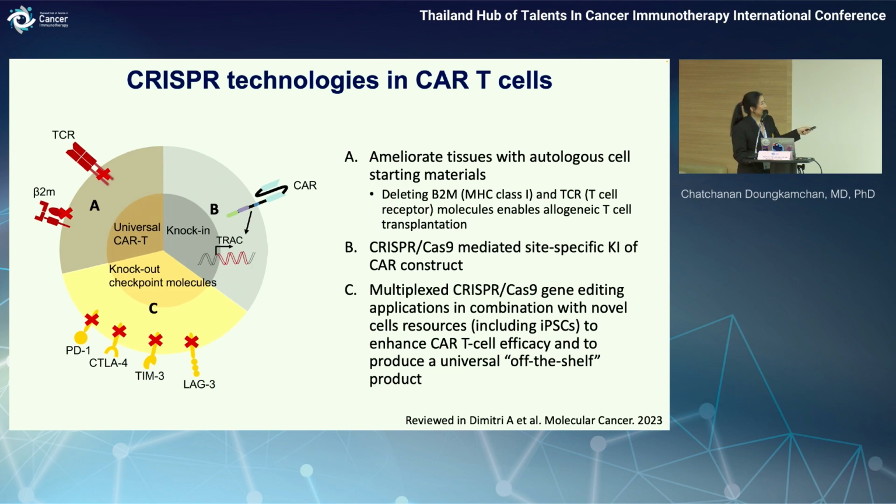For example, if we knock out B2M, which is part of MHC class 1, and TCR, we can use this as part of universal CAR T, allowing the allogeneic transplantation of CAR T.